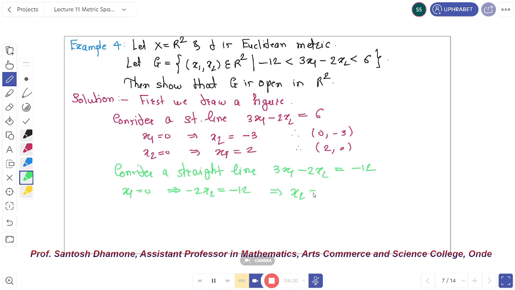Okay, this is the figure of set G. Now we have to show that G is open in R2.